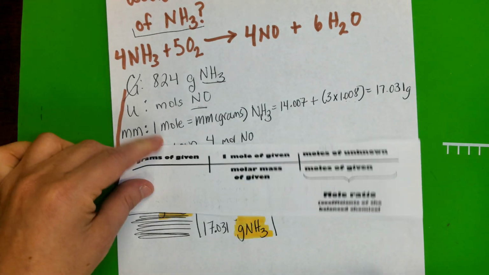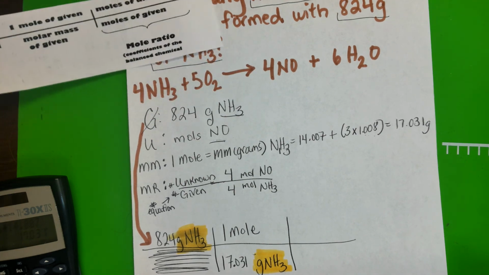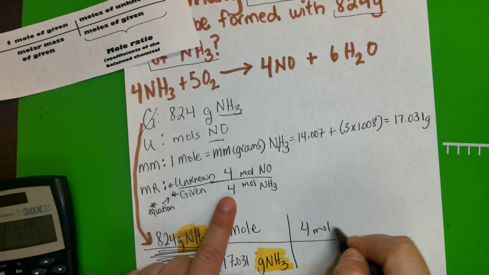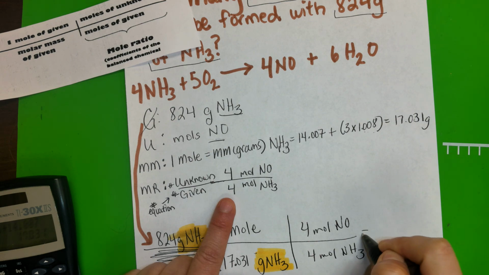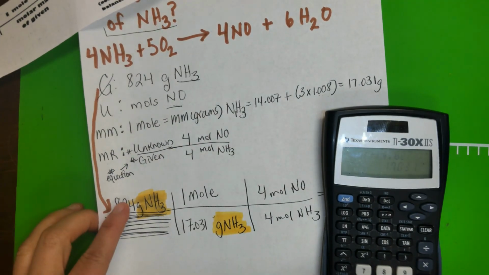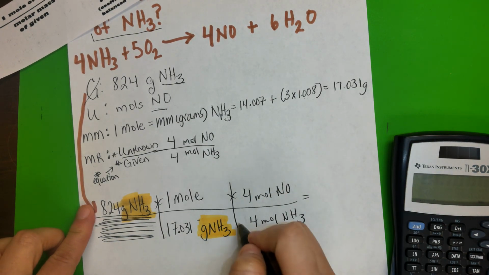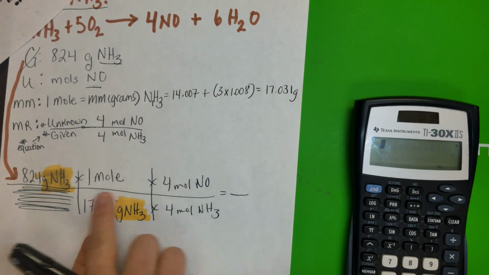So the last part will be your mole ratio, which is 4 moles of NO and 4 moles of NH3. And then again, all you have to do in the calculator is multiply the top part, then you multiply the bottom part. Of course, you still have that division line.